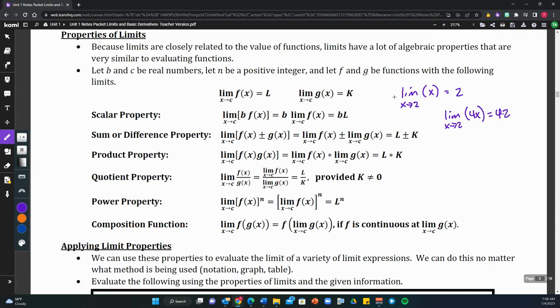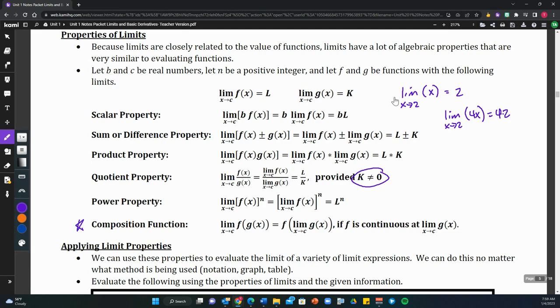So the only stipulation is that the limit of g of x as x approaches c can't be equal to 0. So that k value can't equal 0. Otherwise, we would get an undefined expression. Power property, same idea. If I take a known function and raise it to a power, then the limit of that function raised to that power is our result.